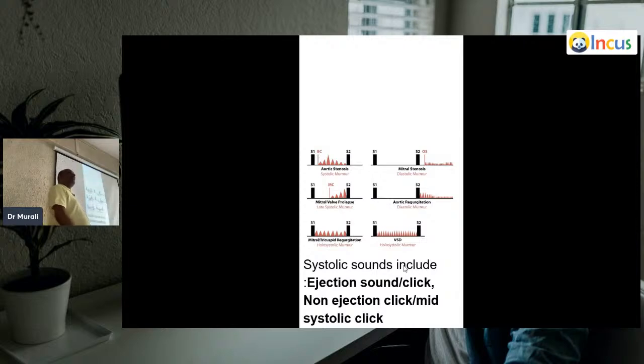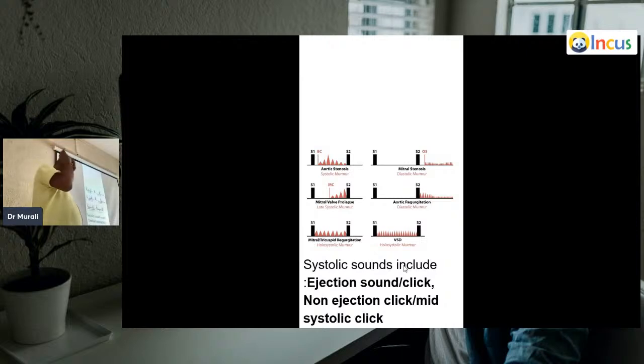Now let us debate why it happens. Actually, I don't have a whiteboard. If I had one, I could articulate better. So what is happening in MVP, mitral valve prolapse? When the ventricle is undergoing systole and trying to push the blood into the aorta, this high pressure in the left ventricle causes the mitral valve to collapse into the atrium, suddenly stretching the chordae tendineae.